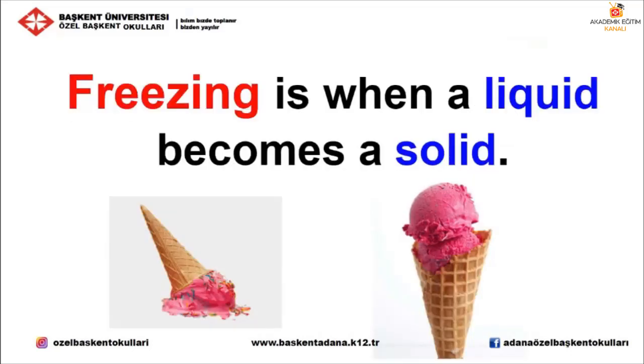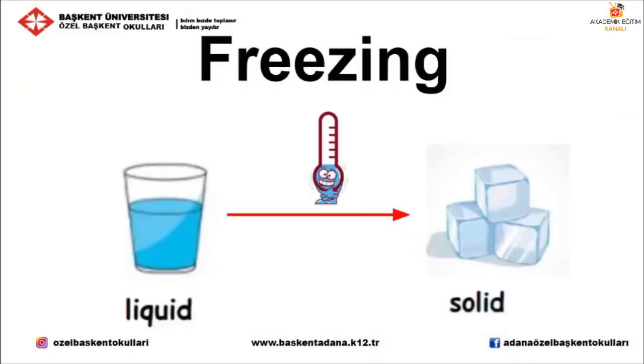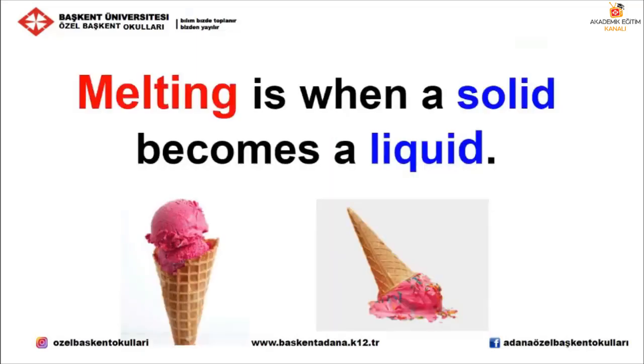Freezing is when a liquid becomes a solid. When this glass of water reaches a cold enough temperature, it will become these ice cubes, which are a solid. Melting is when a solid becomes a liquid.